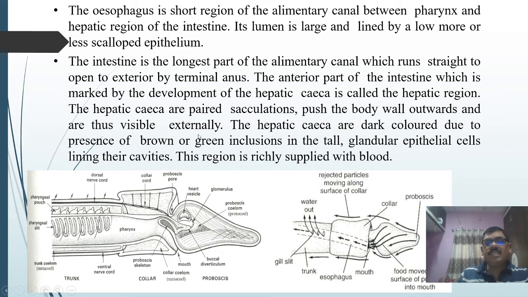They are dark colored due to the presence of brown or green inclusions in the tall glandular epithelial cells lining their cavity, and this region is richly supplied with blood. So this is regarding the intestine.